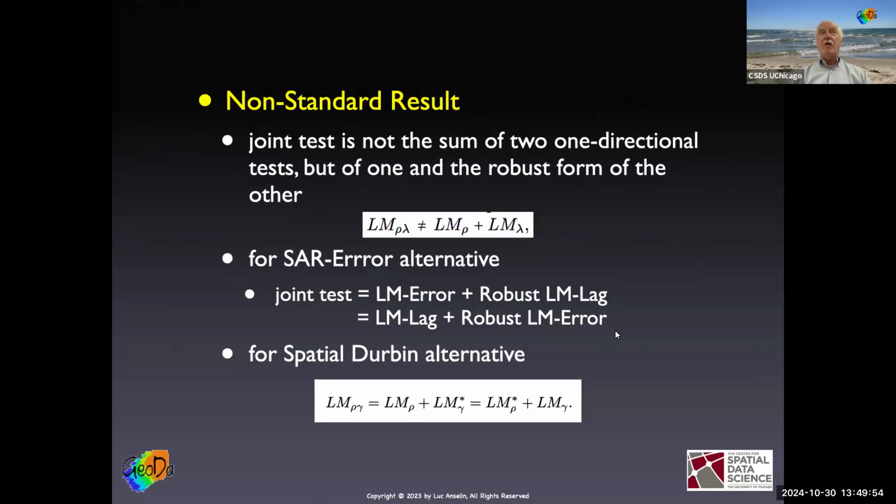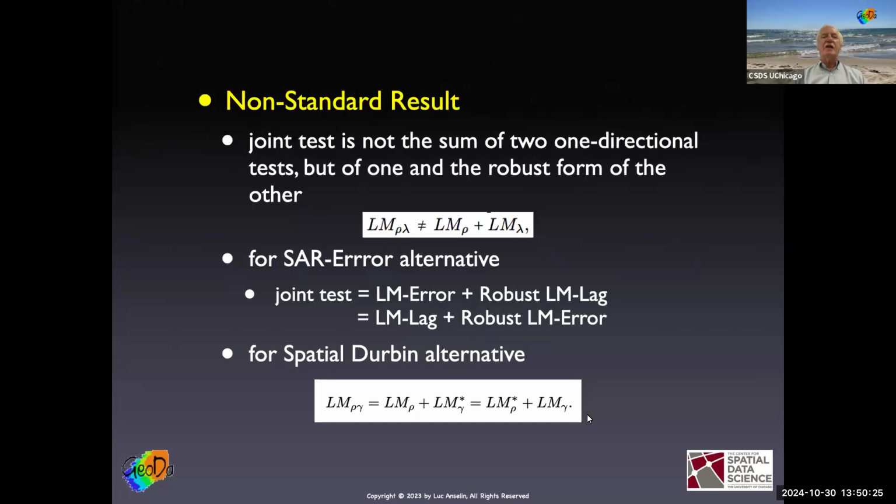Okay, it's not wrong. And then in the spatial Durbin, same thing. So the joint test of the lag and the gamma coefficient is the sum of the one-directional test and the robust form for the other one, and vice versa. Which actually turns out to be really useful. If you recall, you probably don't, but you can look it up. These tests are very complicated in the spatial Durbin case.